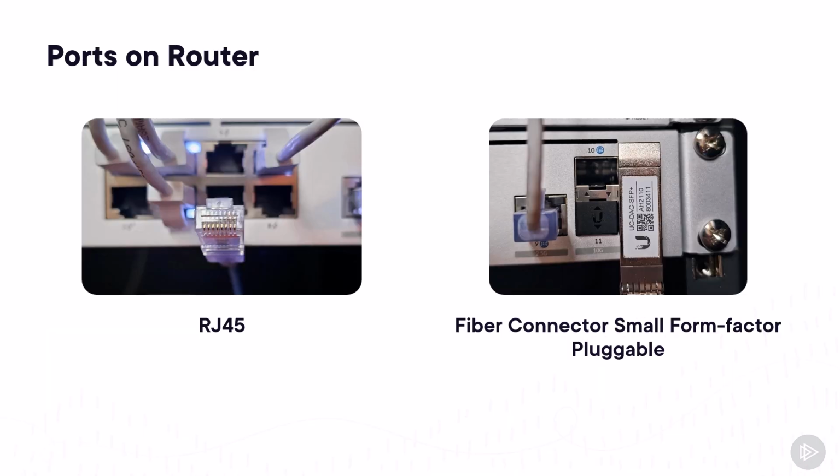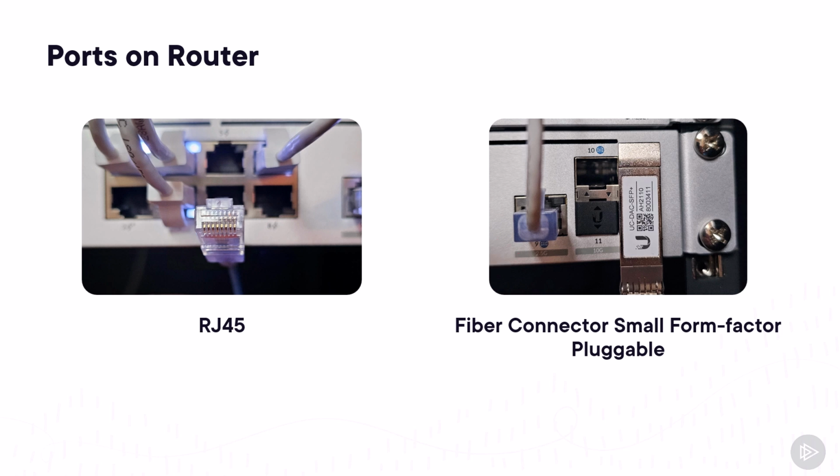If we take a look at a router, you can see the RJ45 and the SFP one side by side, as well as the connection where it goes. And if you look closely at the image on the right side, you will see that my SFP port has a maximum of 10 gigs per second, whereas my Ethernet, which is right next to it and currently plugged in, has a maximum of 2.5 gigs per second.